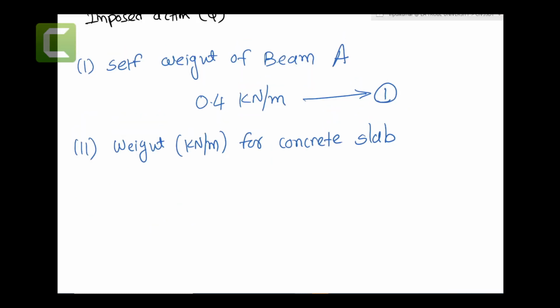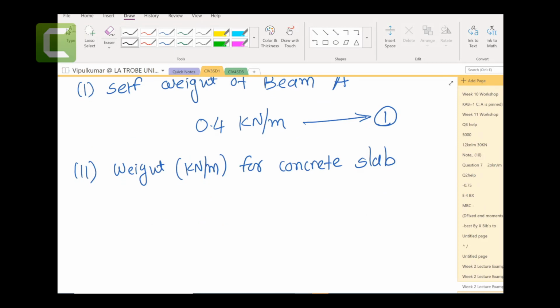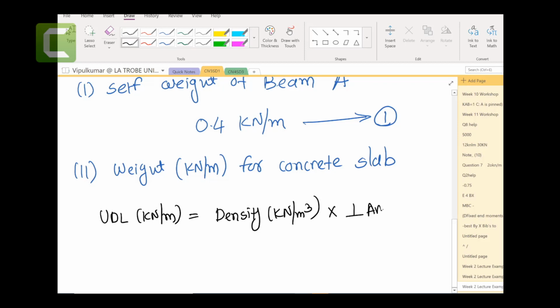You remember there is a theory that we just need to apply here: UDL load in kilonewton per meter is equal to the density in kilonewton per meter cube of concrete times by the perpendicular area. What was the density for concrete? You remember? In question number 1, we did it, right? Density of concrete. Anyone remember?